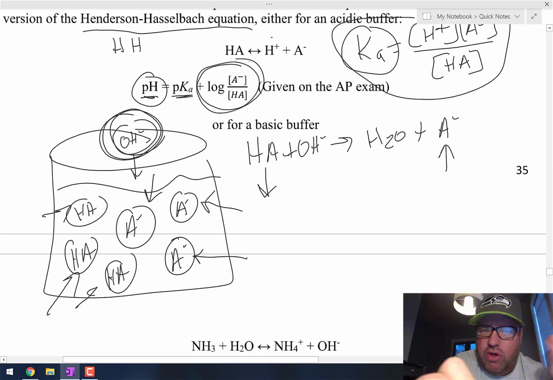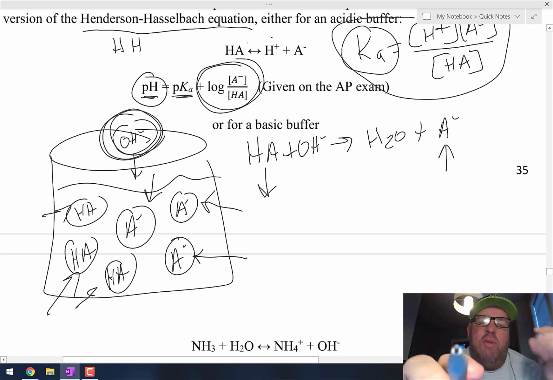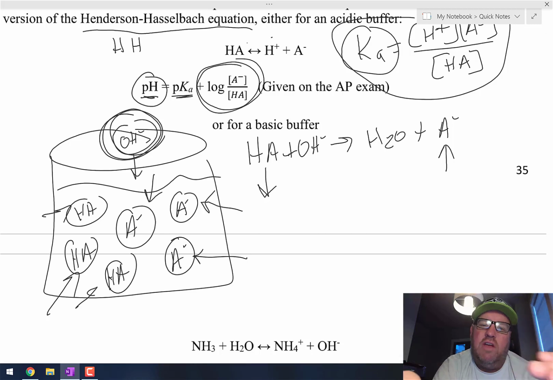Okay, it tells you that, again, remember that the log of a number that's bigger than 1 is positive. The log of a number that's less than 1 is negative. That's all you have to know. The log of 1 is 0. The log of a number greater than 1 is positive. Okay, and the log of a number that's less than 1 is negative.